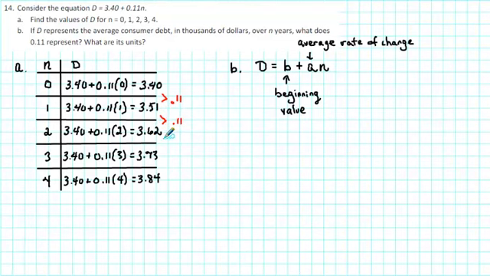If we add 0.11 to 3.62, we get 3.73. So what we notice is that as time goes by, the average consumer debt is increasing by 0.11 thousands of dollars per year. So when it says, what does 0.11 represent? We can say that 0.11 is the slope.